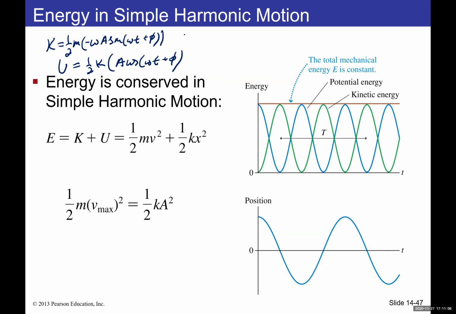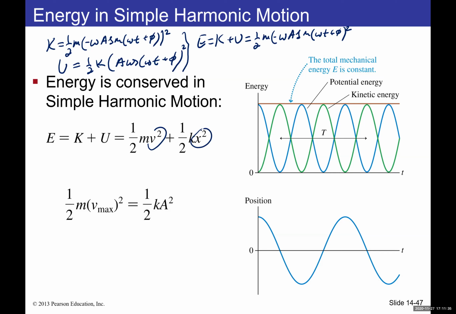But here's what we can do. Remember, energy is kinetic plus potential, which means I can write this as 1/2 m times negative omega A sine of omega t plus phi, squared. I forgot to square this over here, sorry, because it's v squared and this is x squared.